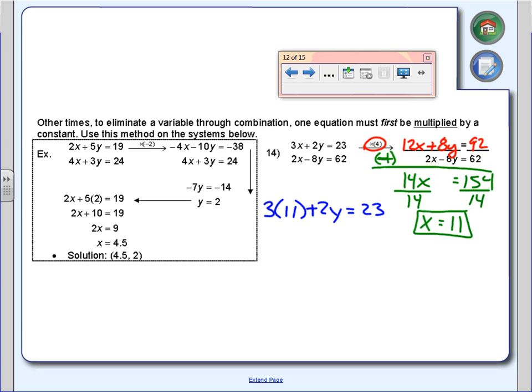So there's the first equation with 11 substituted in for x. Now I'm going to solve for y. 3 times 11, that's 33. Next thing I'm going to do is subtract 33. So that's going to leave me with 2y equals 23 minus 33, which is a negative 10.